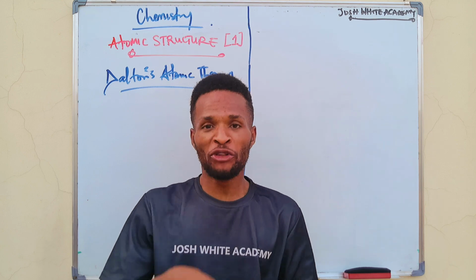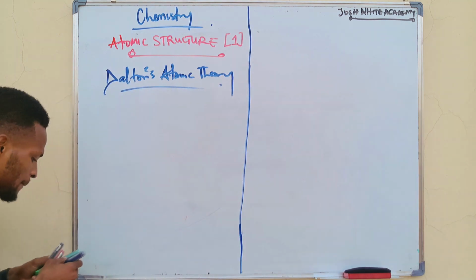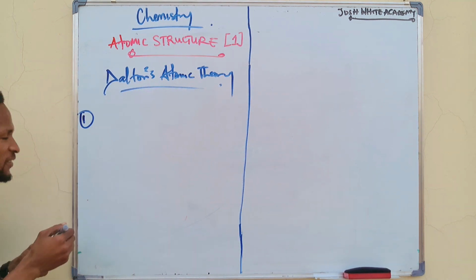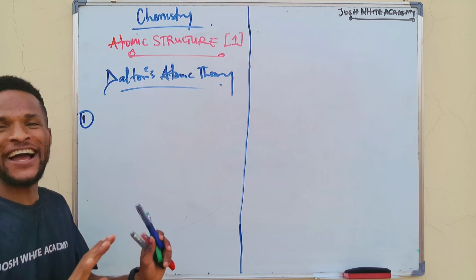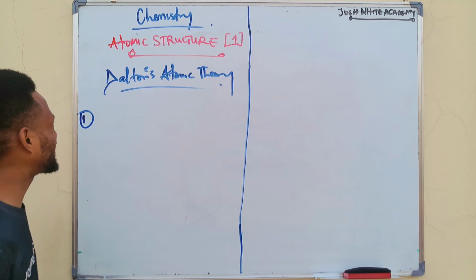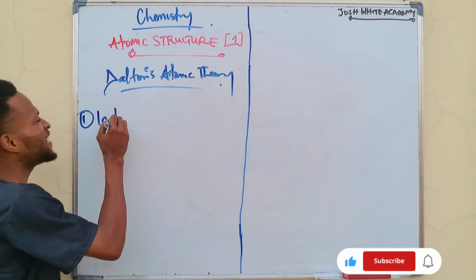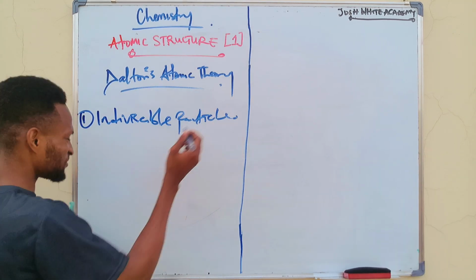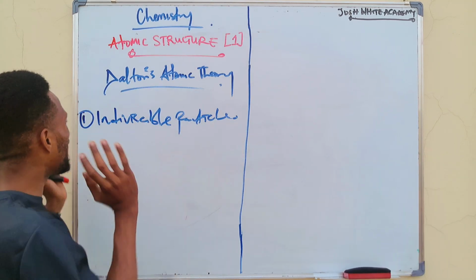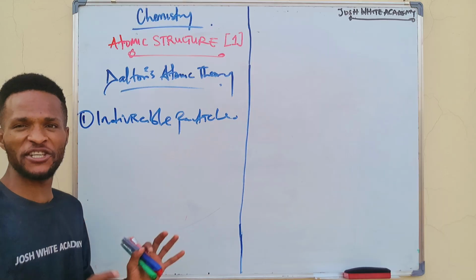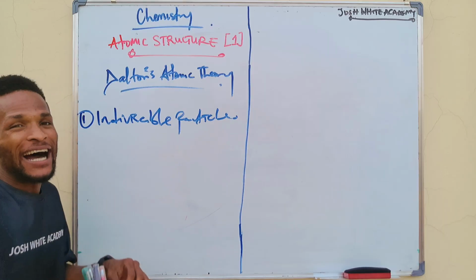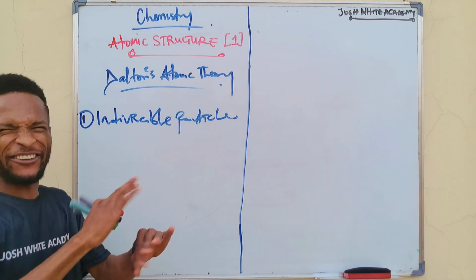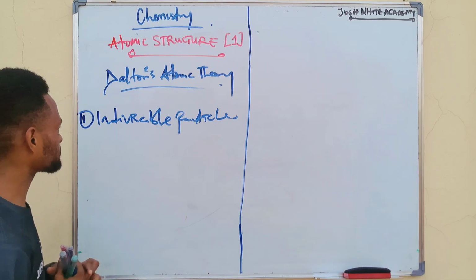Like for instance, number 1, Dalton defined atom as the smallest indivisible particle. He defined atom as indivisible. That means atom has reached the lowest form that it can no longer be divided again.